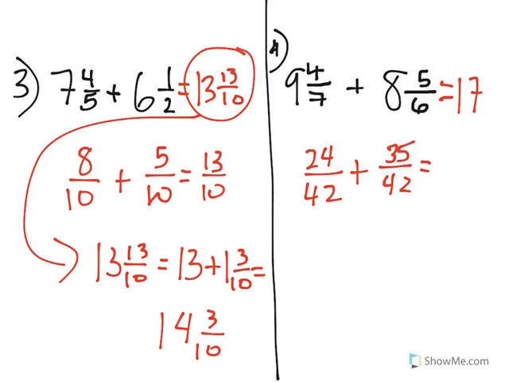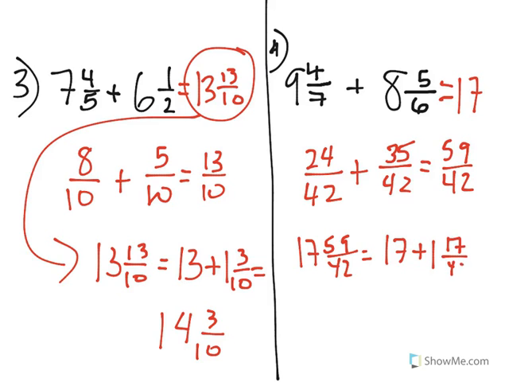Okay? 24 over 42 plus 35 over 42 is 59 over 42. So we have 17 and 59 over 42. This is going to equal 17 plus 1 and 17 over 42, which equals 18 and 17/42.